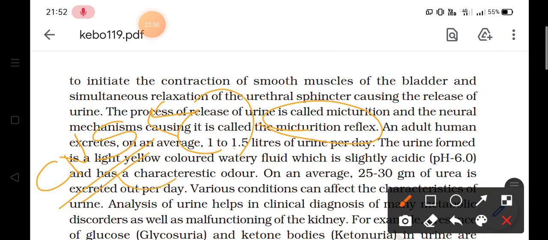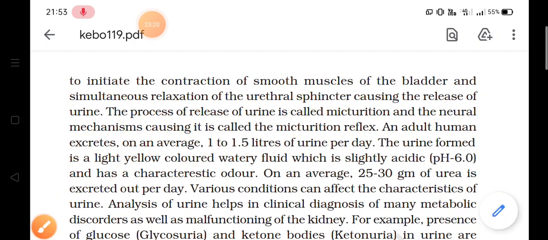Now the CNS gives the response, and earlier there was stretch or contraction, and now there will be relaxation of the muscles of the urethral sphincter. The sphincter will get relaxed, and because of that the urine will be removed out of the body. So the process is micturition, and the neural mechanism is called the micturition reflex.